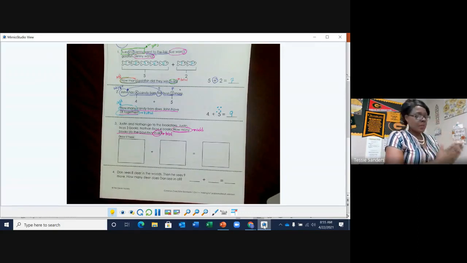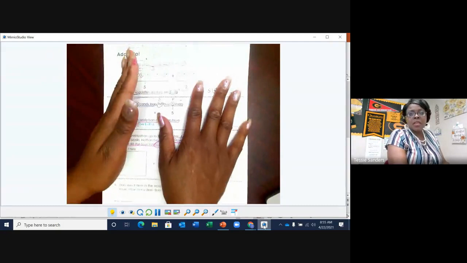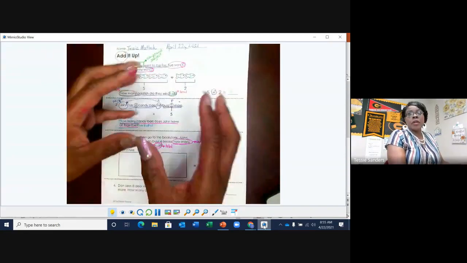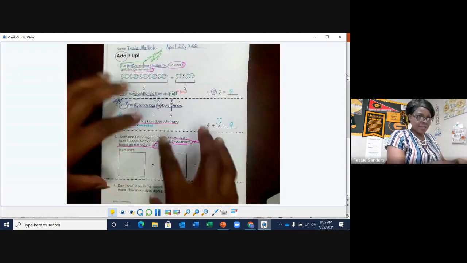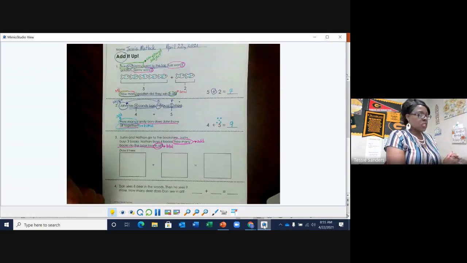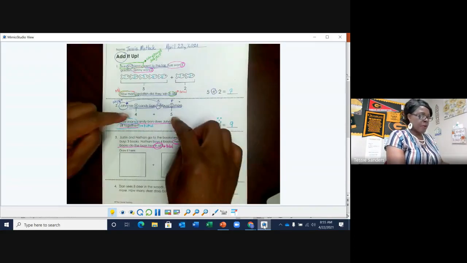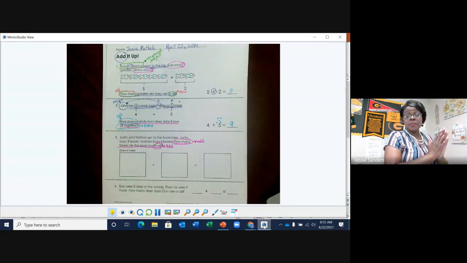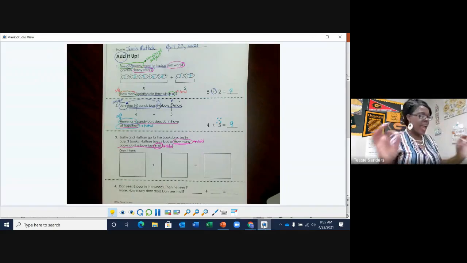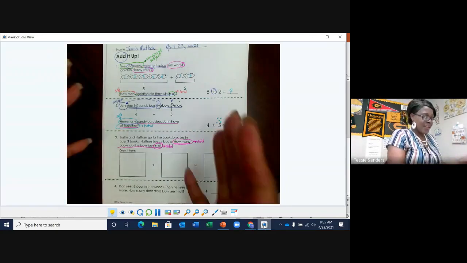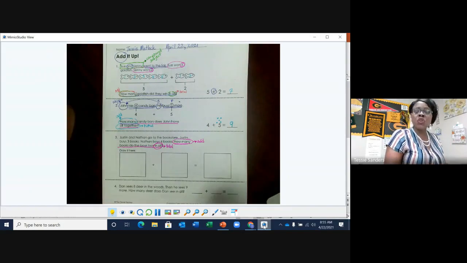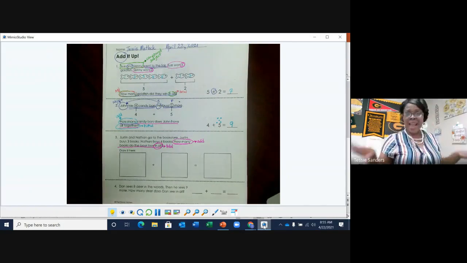Why? Because this is the beginning of pre-algebra. This is when the students begin to see numbers in context. So they have to decode. They need to know what to do and what not to do.